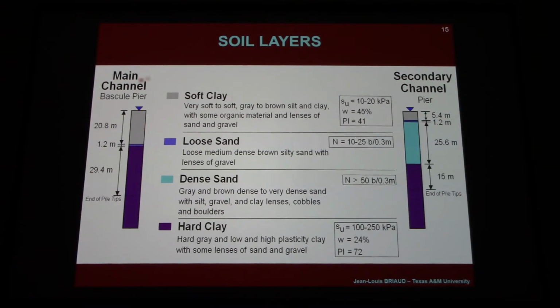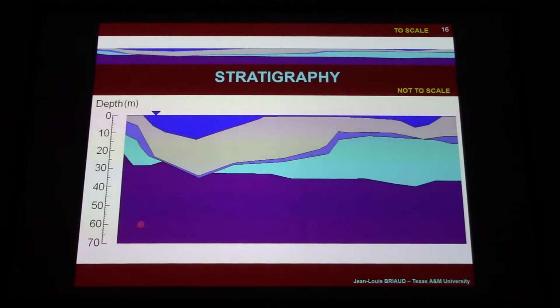We're going to look at the main channel, not the secondary channel. So soft clay over hard clay. Here is the stratigraphy. That's the main channel, that's the secondary channel. The bascule piers will be in the main channel, and here's the soft clay, and then the hard clay below that.